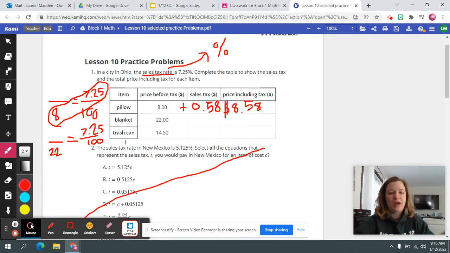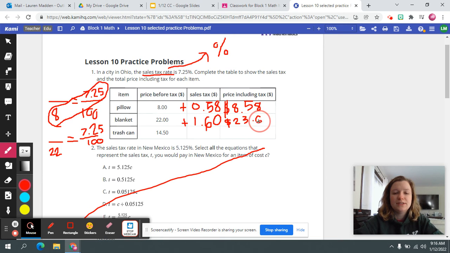I'm going to have to do a little rounding here. The tax for this one is about $1.60. So when I add this, I end up with $23.60. So why don't you pause the video here, try the last one on your own.